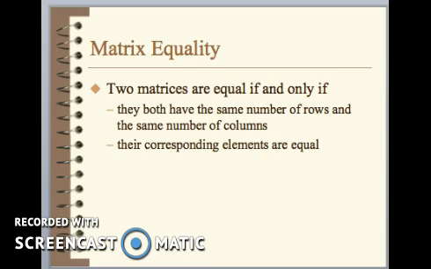That would mean if we had a 2 by 2 matrix which went from left to right, row 1, 2, 1, and then row 2 would be 1, 4. It's only equal if it's another square matrix, 2 by 2, with the entries 2, 1 in the first row and 1, 4 in the second row. So they have to be identical in that way. The corresponding elements are equal and they have the same number of rows and columns.